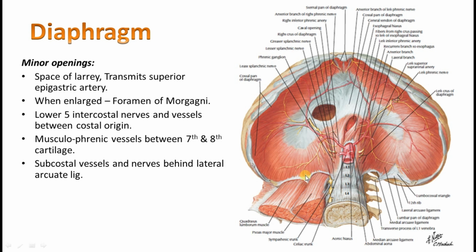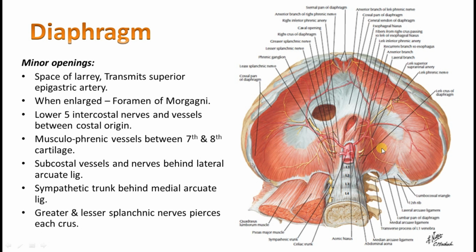Behind the lateral arcuate ligament, subcostal vessels and nerves. Behind the medial arcuate ligament, the sympathetic trunk or sympathetic chain. Then, piercing each crus are the splanchnic nerves, greater and lesser splanchnic nerves.